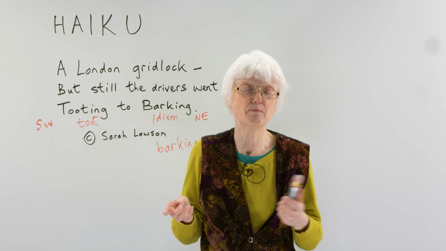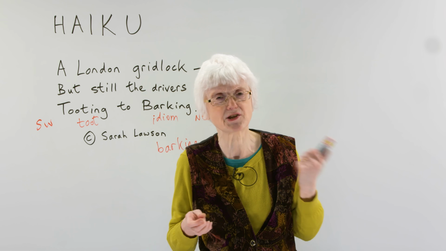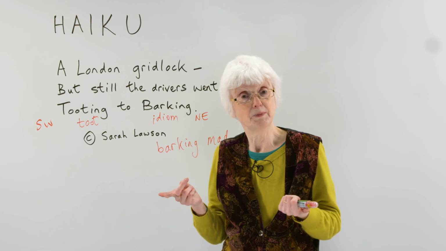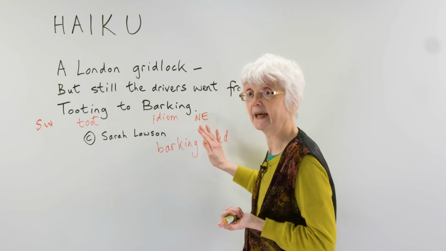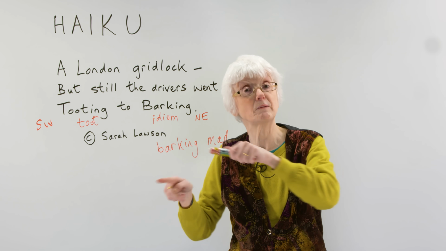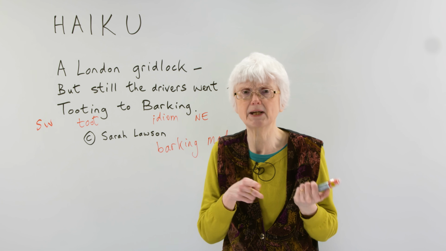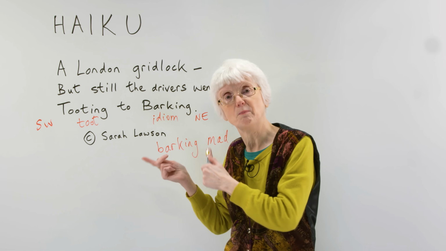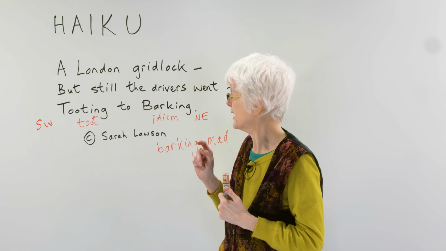Maybe not literally, but they just say strange things and they do strange things. So people just use the word barking. He's barking, that man is barking. And it means barking mad, you know, very strange person. So that's the double meaning of this line.